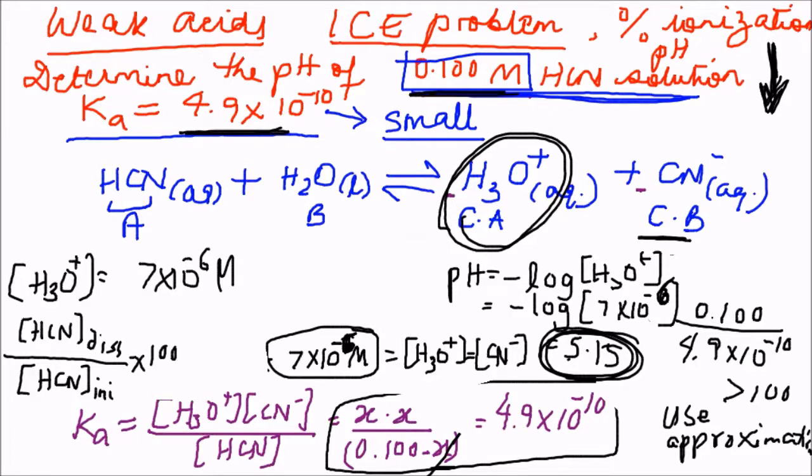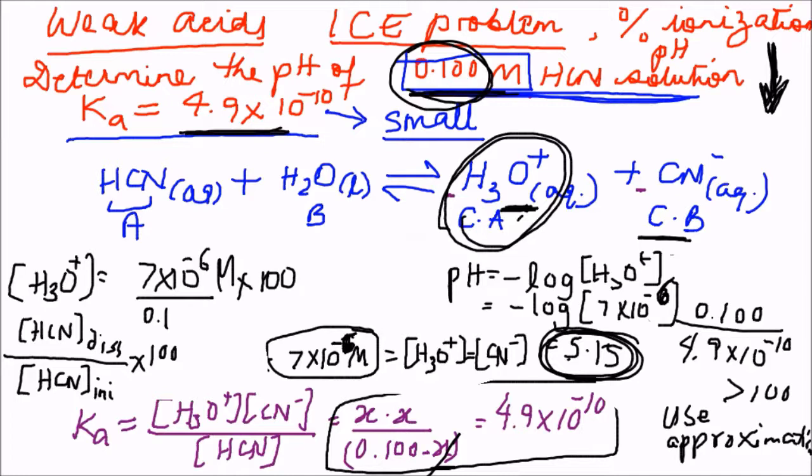Realize that the amount of HCN that dissociated is what is responsible for this hydronium ion that gets generated in my solution. And so once you have determined the value of the hydronium ion at equilibrium, which was 7 times 10 to the power of negative 6, simply dividing that number by the initial concentration, which was 0.1, times 100, will give me the percentage ionization.